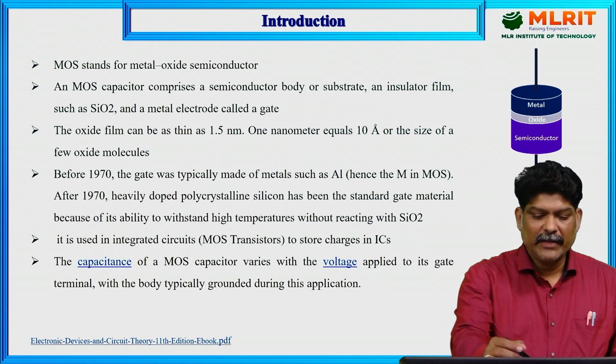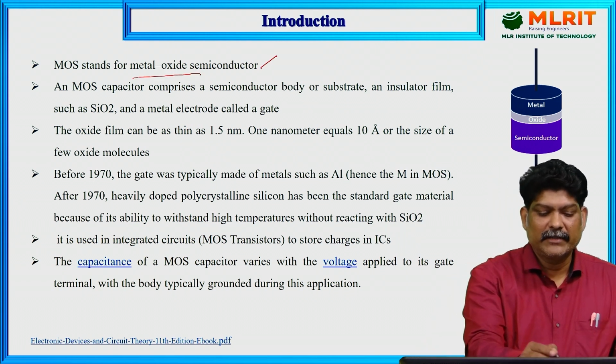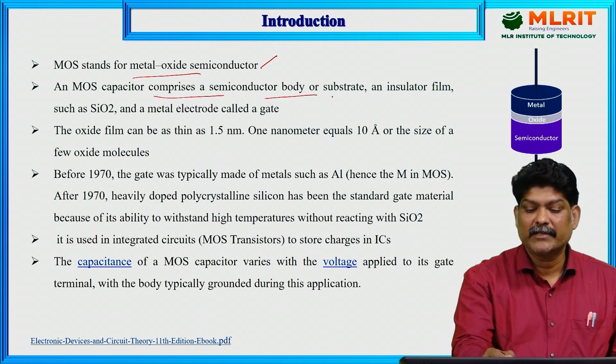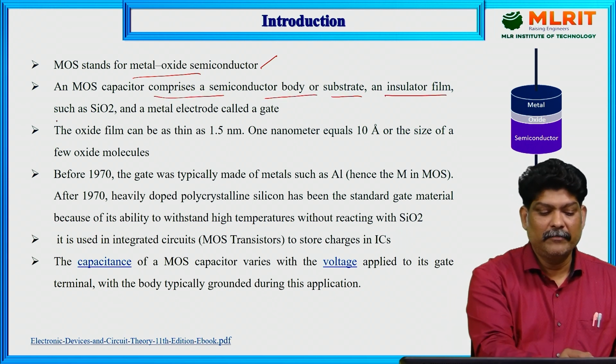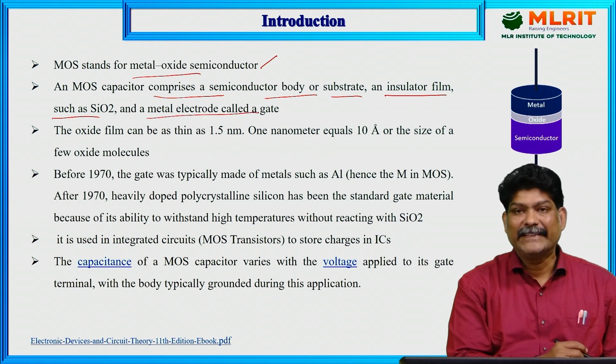Coming to the introduction part, MOS stands for metal oxide semiconductor. A MOS capacitor comprises a semiconductor body or substrate, an insulator film such as an SiO2 layer, and a metal electrode called the gate.